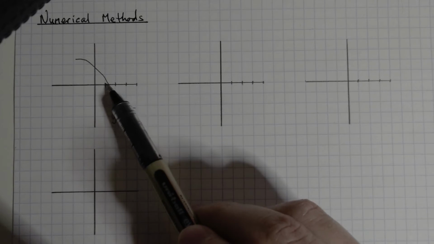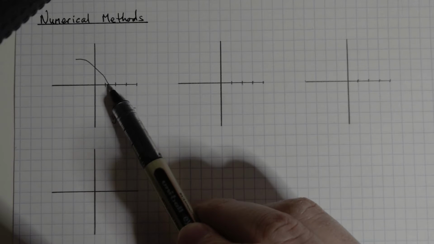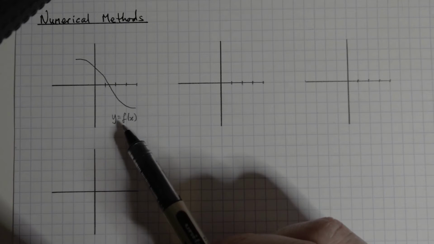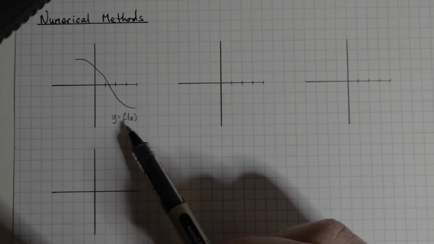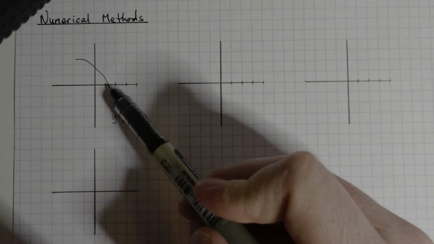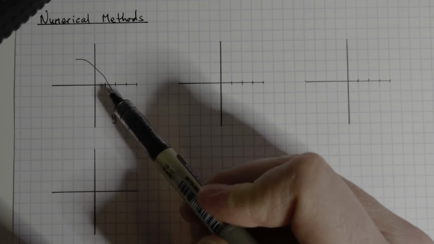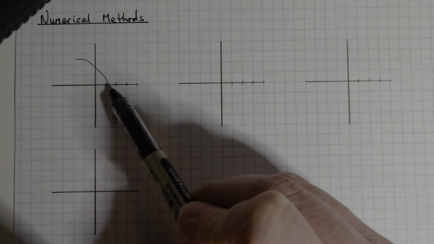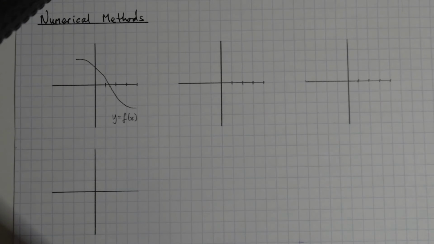So if that number there is alpha, where it crosses the x-axis, then f of alpha would give you 0. And that would be the definition of a root. Alpha is a root if f of alpha equals 0. By convention, we typically use a or alpha for the root that we're trying to find. Suppose I don't know that point there, I'm trying to figure out what that is, I might call it alpha, and the whole game is, can you get close to alpha? Can you work out what alpha is?